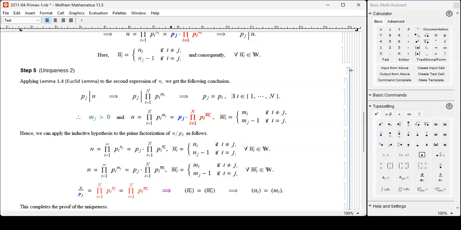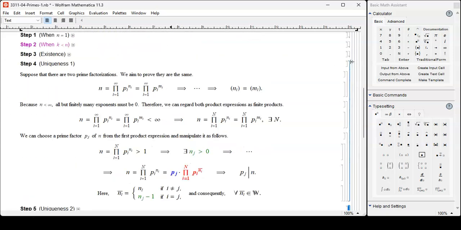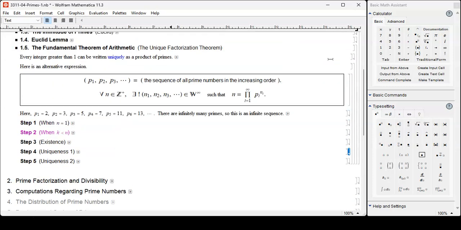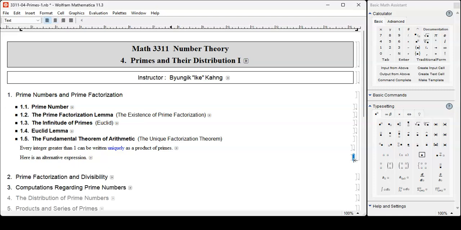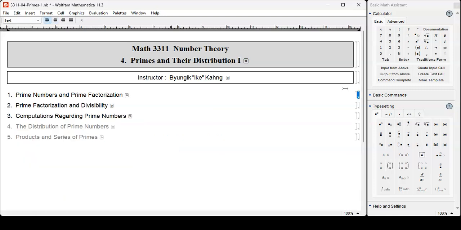So that was the final step. Okay, all right, that completes the proof of the fundamental theorem. And what do you think? You think you can produce this out of nowhere from scratch? Even I can't do that. But you have to remember the result and some idea how they are related to Euclid's lemma, up to that point at least.